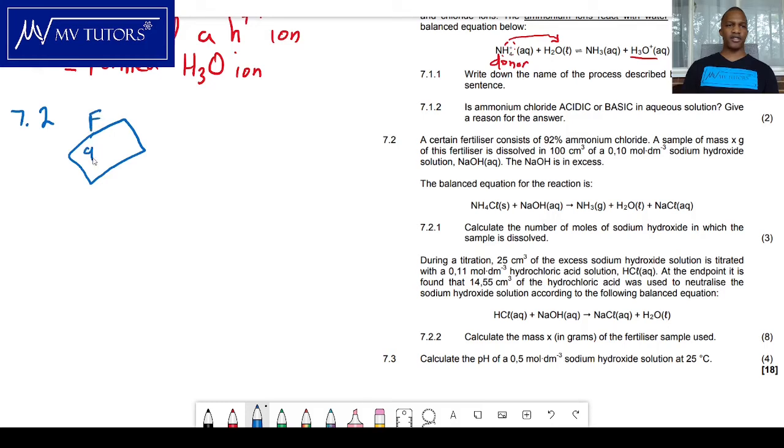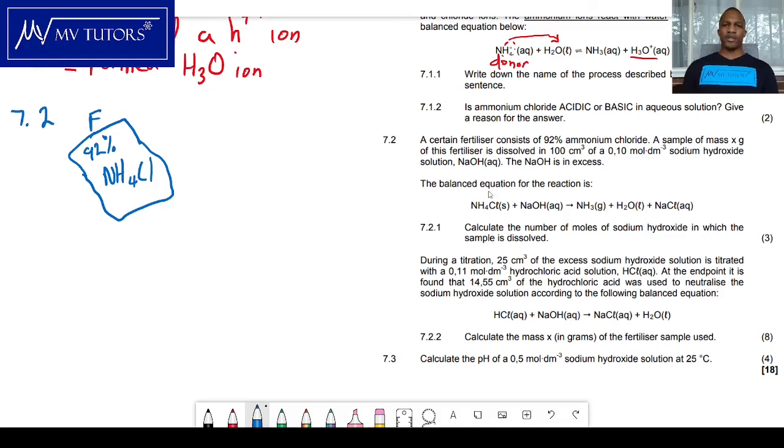It has 92% ammonium chloride. So ammonium chloride is this, and I should have made my box a little bit bigger so that I can write on it. Okay, let's go back and write. 92% of it is NH4Cl.